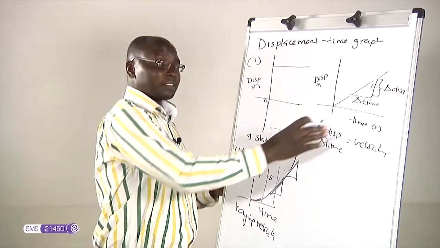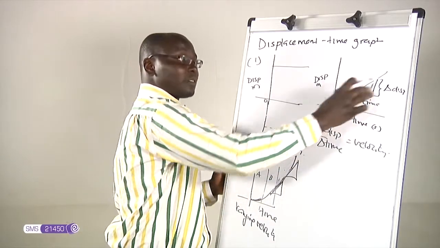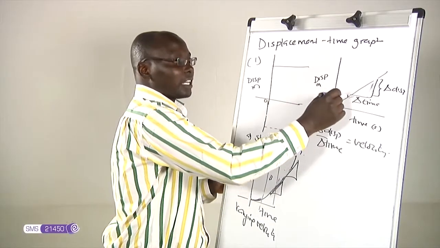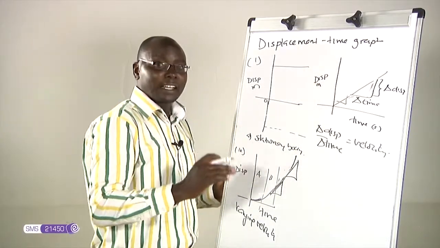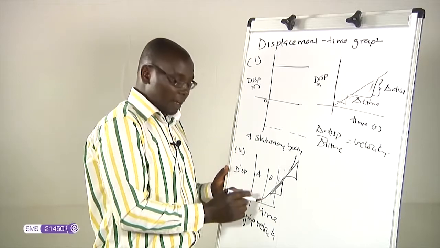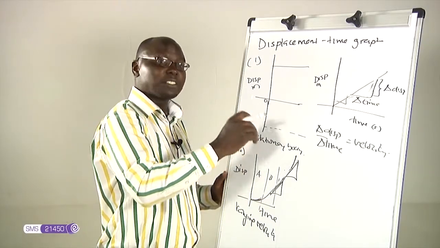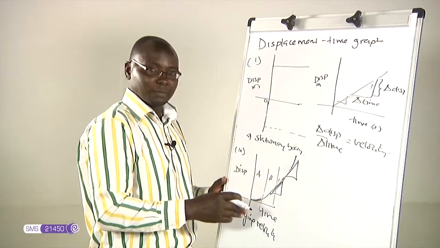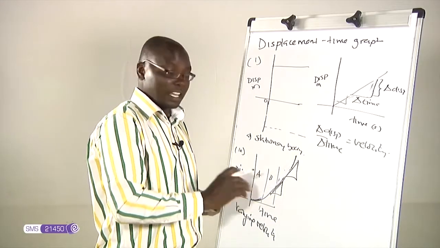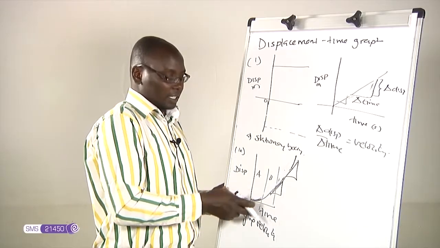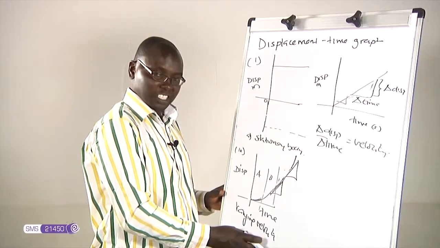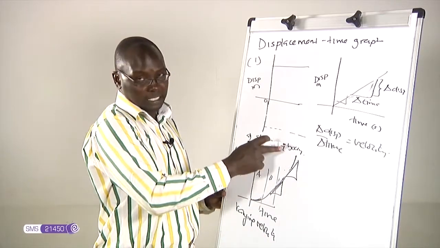For a straight line you have said that the gradient is uniform. You can pick any point, even here or wherever, the gradient is uniform. But for a curve, the gradient keeps changing with time. And the gradient is giving us the velocity. Therefore, this is a body moving with a varying velocity. But as I've said, it is increasing.